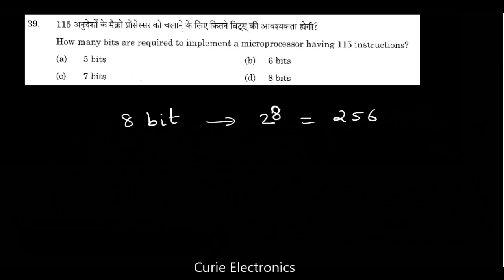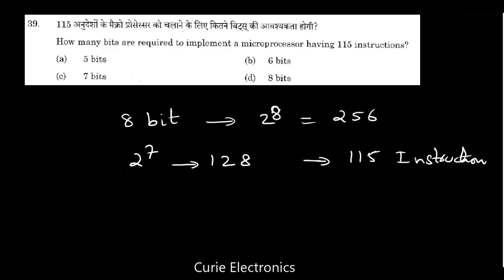Now we have 115 instructions, right? So we can have 2 to the power 7. 2 to the power 7 gives 128, right? So this is sufficient for 115 instructions. Instructions means what? It's a bit pattern.